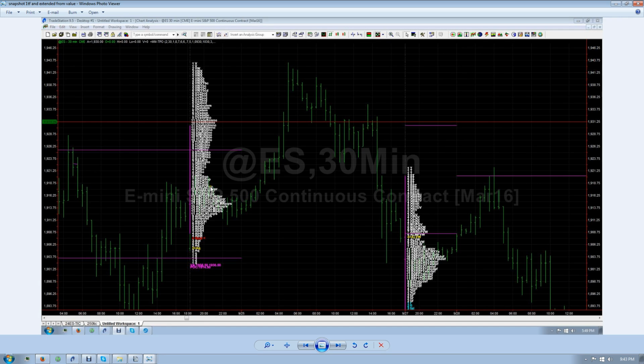Price then gets extended from the point of control. You got a poor high, and the poor high represents that buyers were willing to buy there, but there were no sellers up there, meaning the sellers are lower. And then you can see that happen here. The sellers were up in this 31 area, and then that was it. It just tanks out.